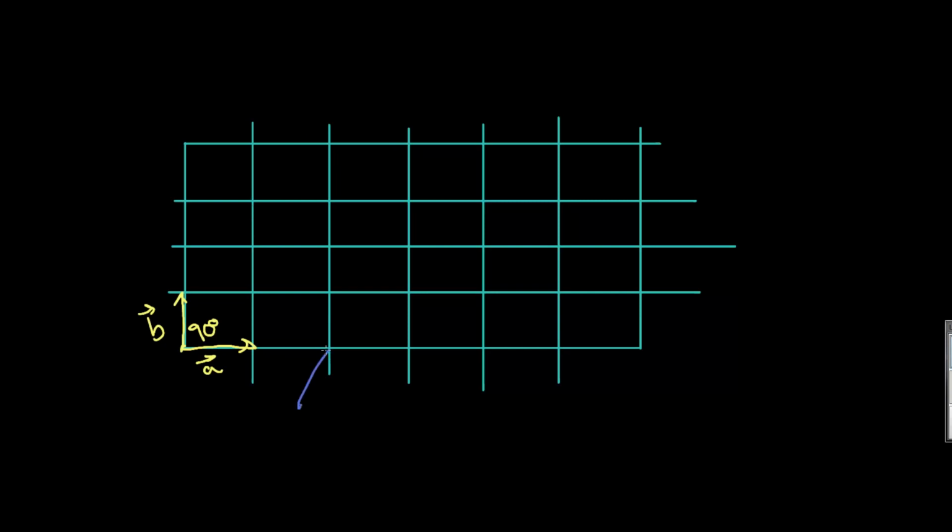So we could call this point 0, 0, in which case this point would be 1, 0, and then 2, 0, and we have, sorry, that's not 2, 1, that is 0, 1, and then this one would be 1, 1.